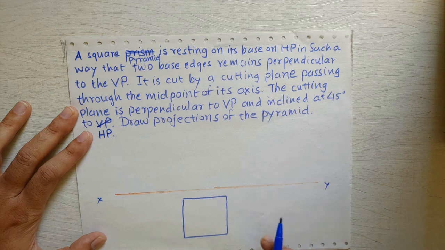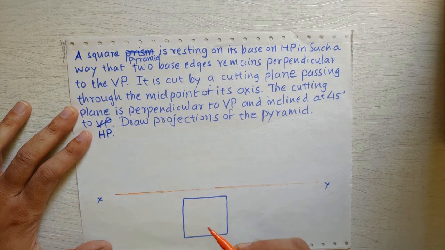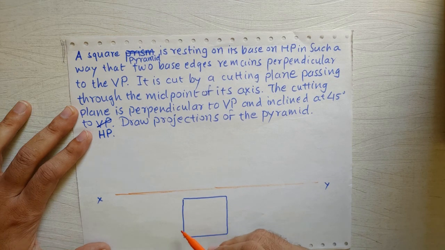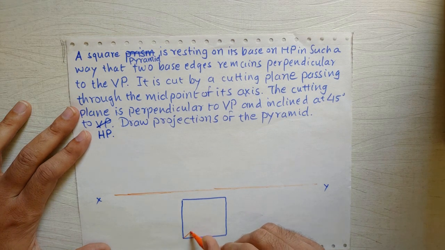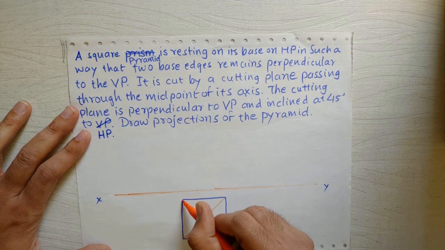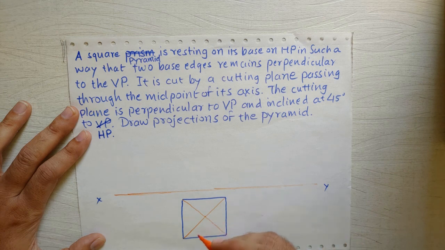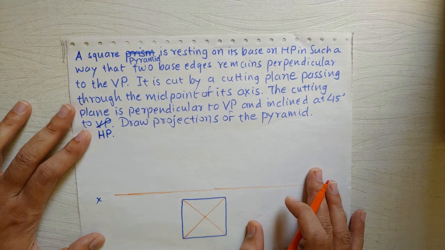This is the base, this is the top view. Now I am drawing this with a different color. That means this line should be continuous thin initially, this line should be continuous thick, but now this line should be continuous thin. So I am drawing the slant edges of the pyramid. Initially I am drawing it with a continuous thin line, right?